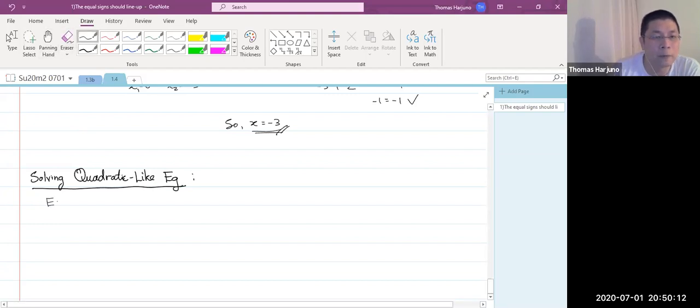Let's say, for example, I try to give you an easy one first. Suppose I have x to the 6 minus 9x cubed plus 8 equals 0.